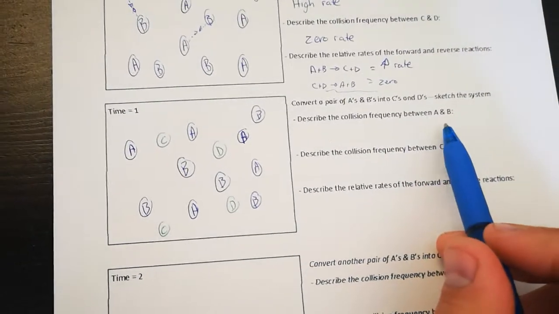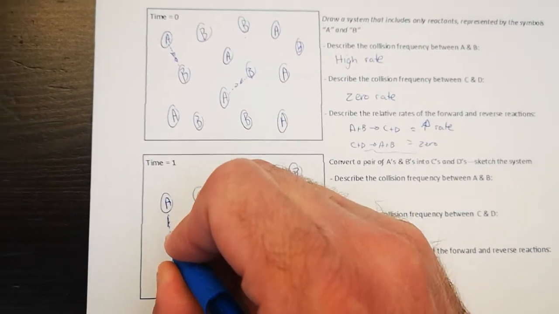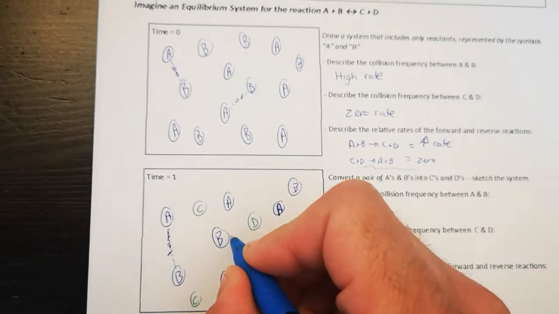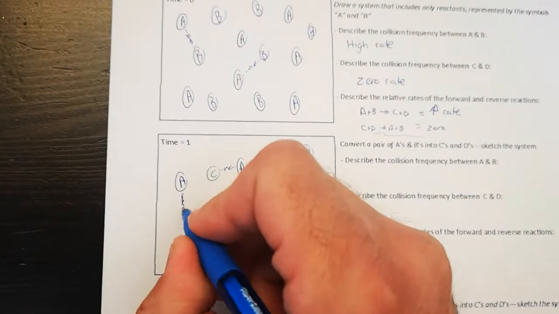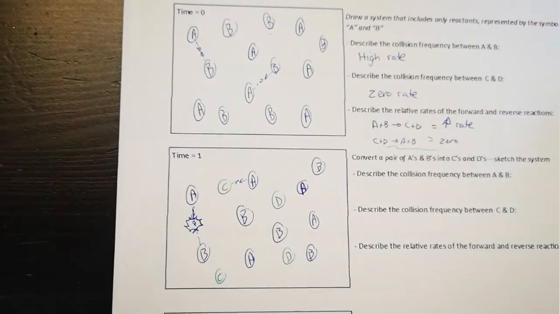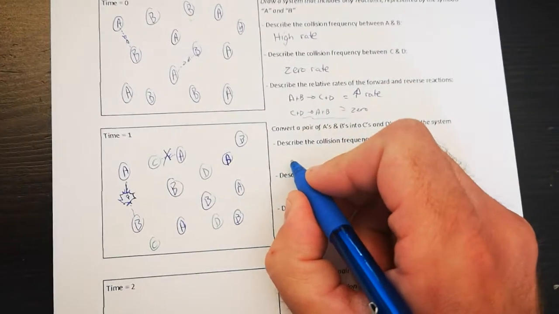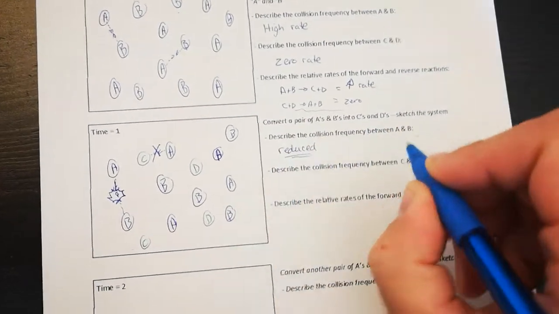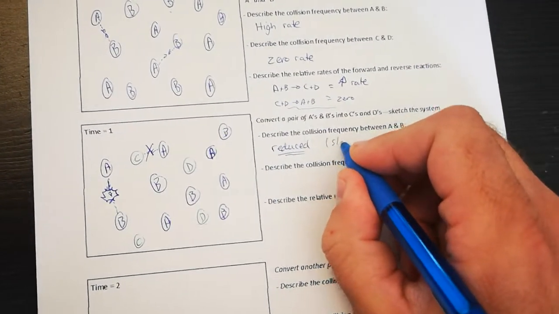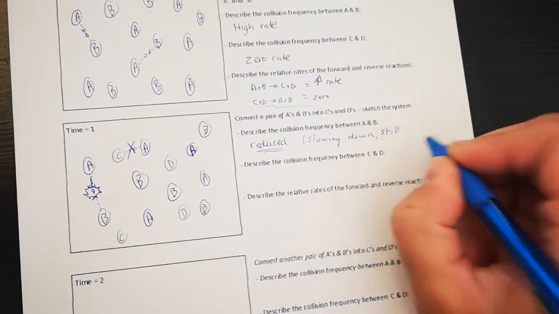So the collision frequency between A and B is somewhat reduced here, because not just are A's and B's colliding, but A's and C's are colliding. An A-B collision would result in a reaction, but an A and C collision, there would be no reaction. So the collision frequency between A and B is reduced, meaning the rate is slowing down. Still pretty high though.